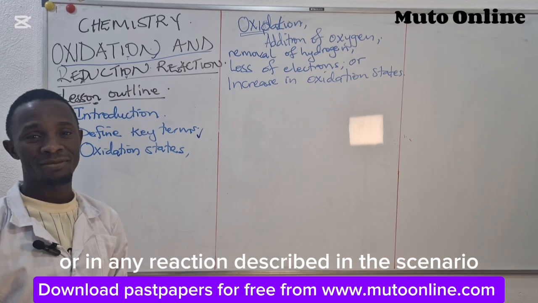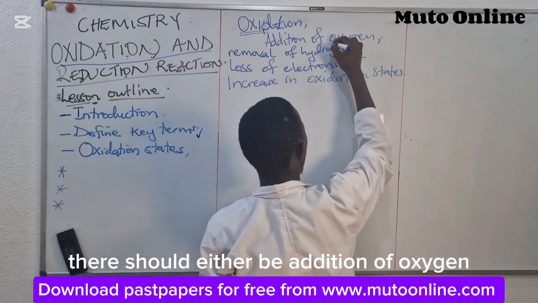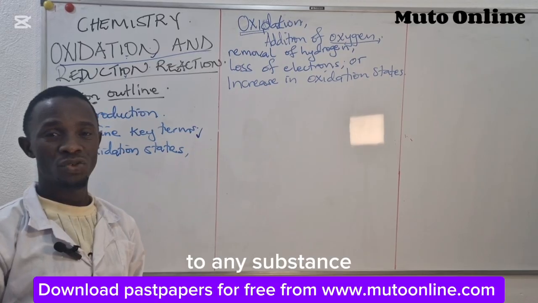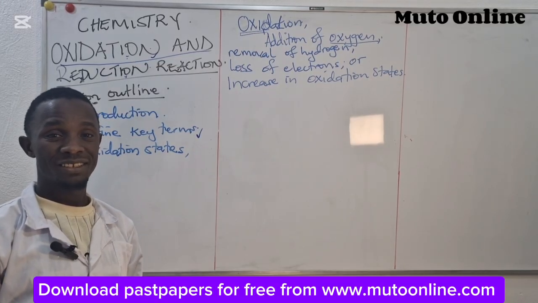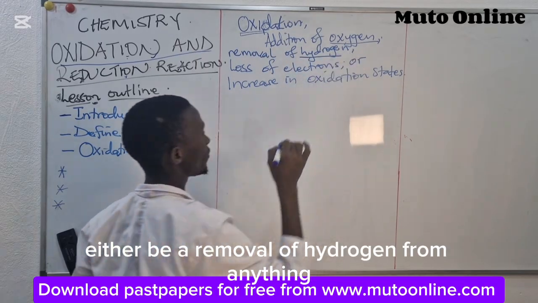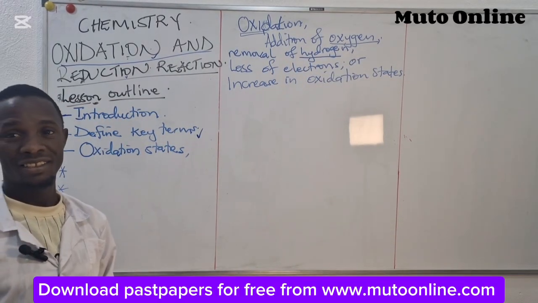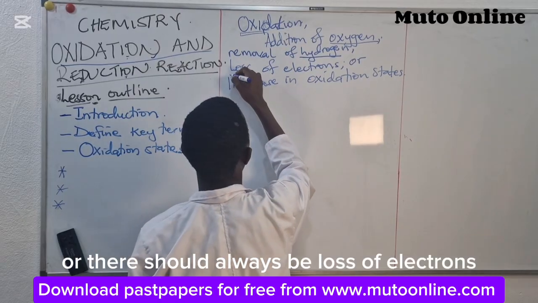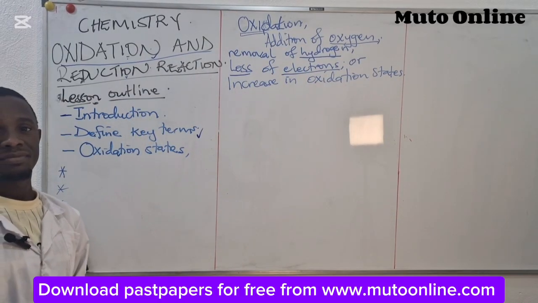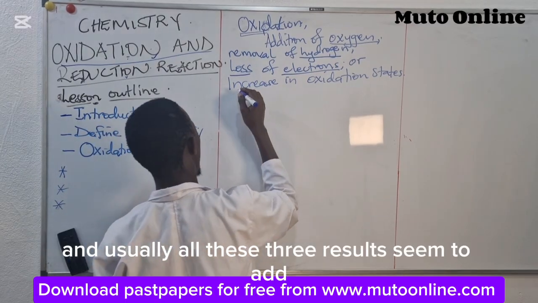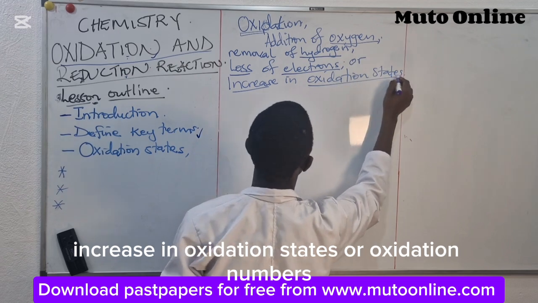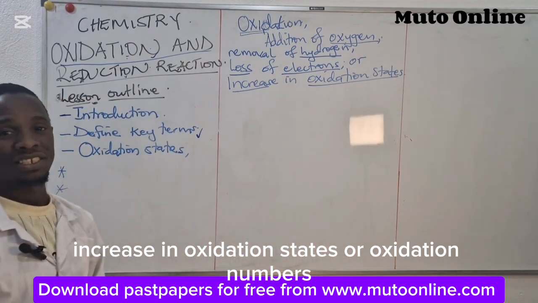There should either be addition of oxygen to any substance, removal of hydrogen from anything, or loss of electrons. And usually, all these three result in an increase in oxidation states or oxidation numbers.